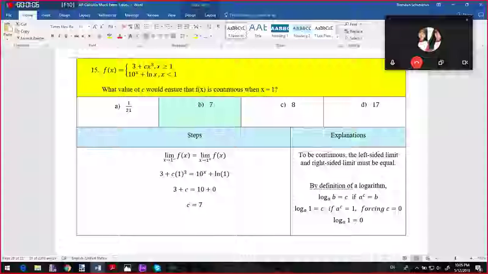What will the top one become if I take the derivative? 21x squared. Okay, 21x squared, and what's the bottom one going to become?